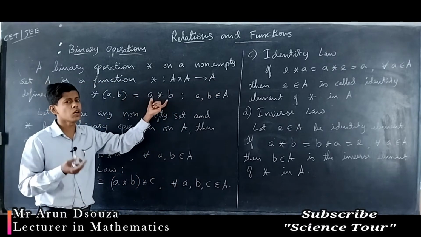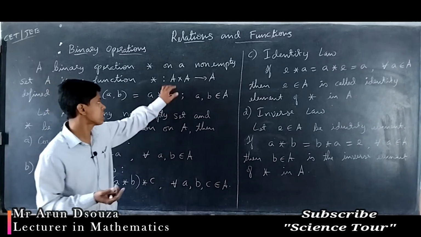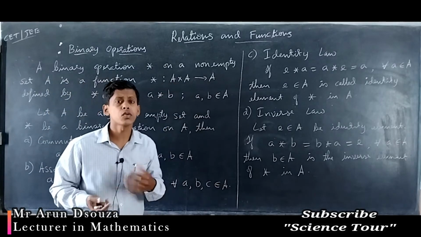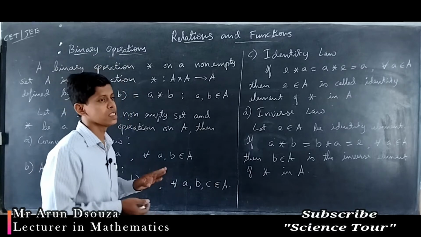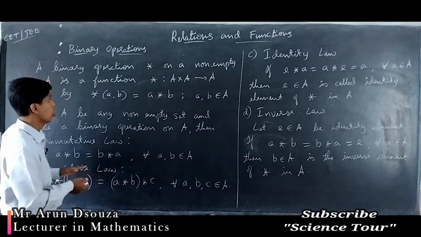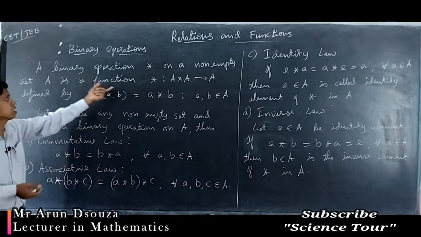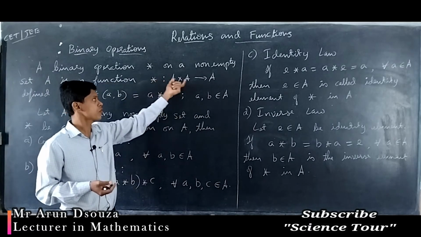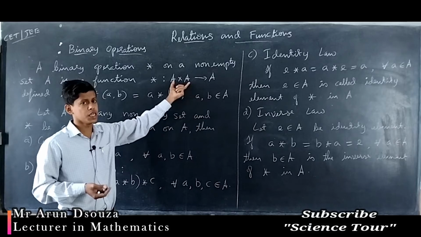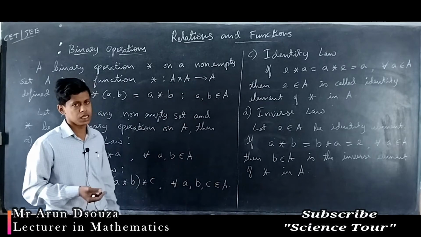If the output does not belong to A, then that is not a function, because there are some elements which are not related to any elements of A. So it does not become a function, hence it will not be a binary operation. So basically a binary operation is a function, and what kind of a function? It is a function from the cross product of A to the set A.